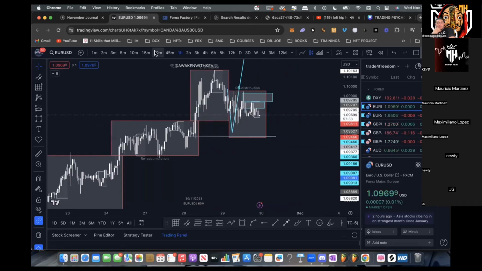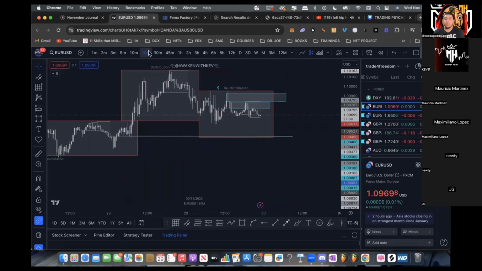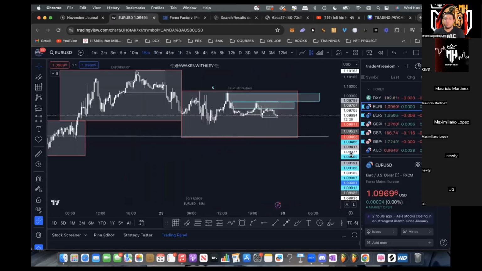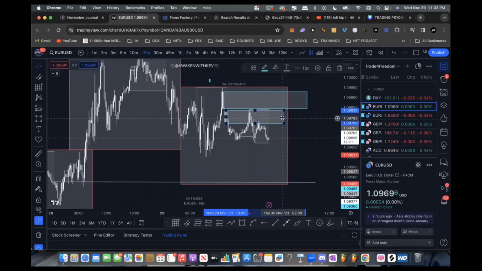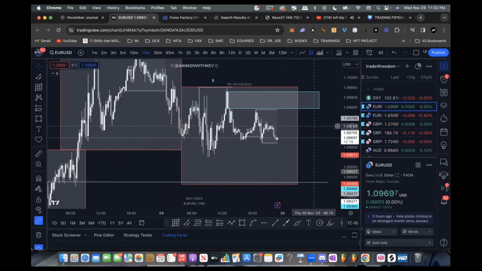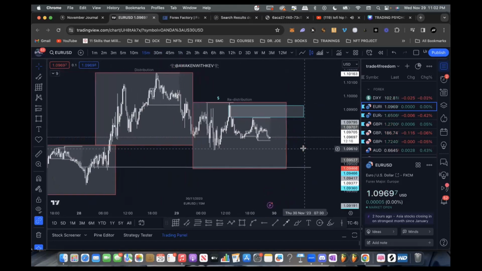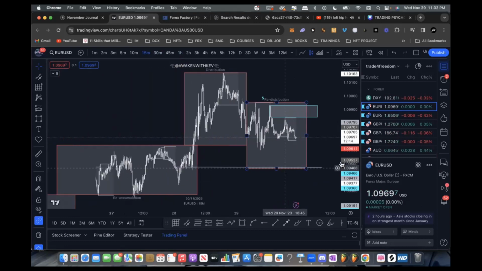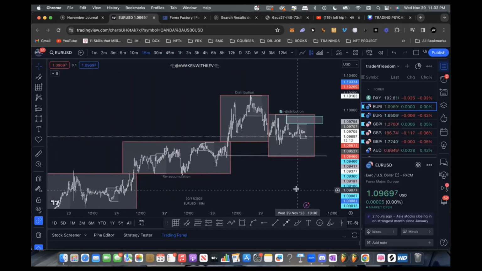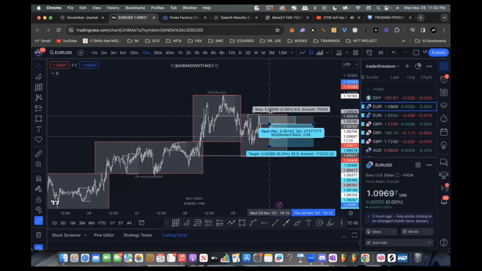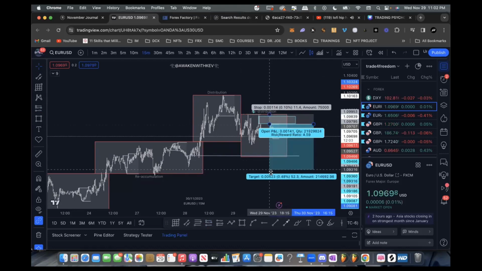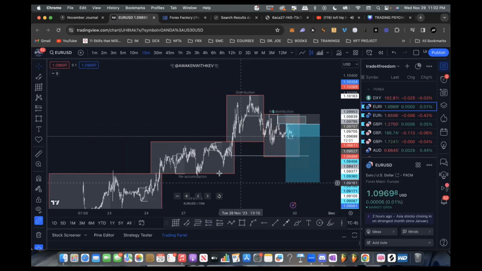If we hop onto the lower time frames, like the 15-minute, we came into this OB right here and already mitigated that. So I do want to see us come lower.